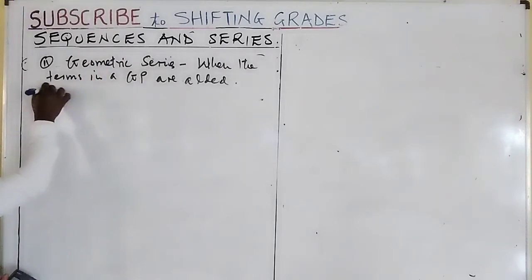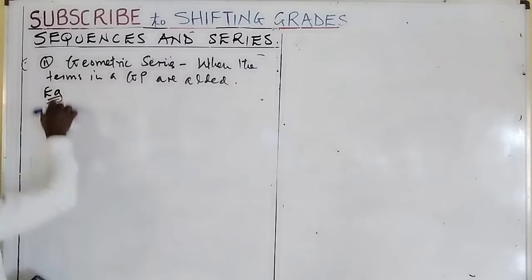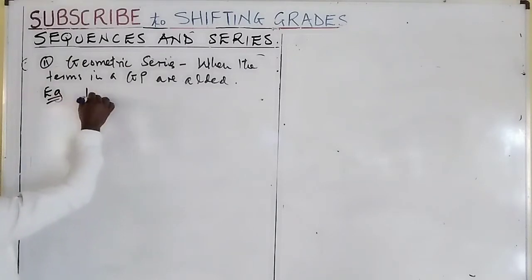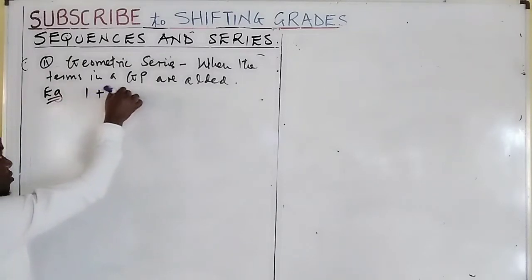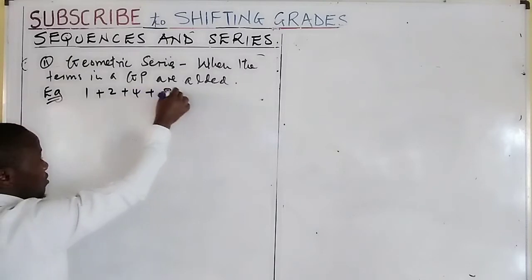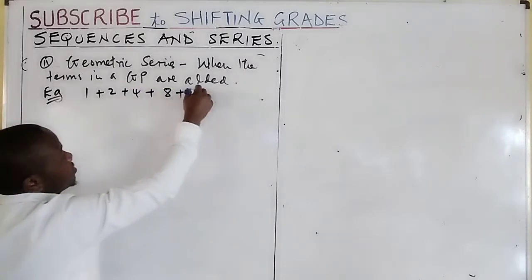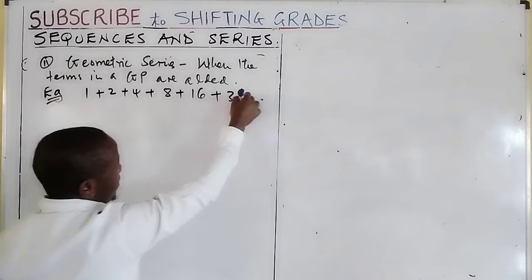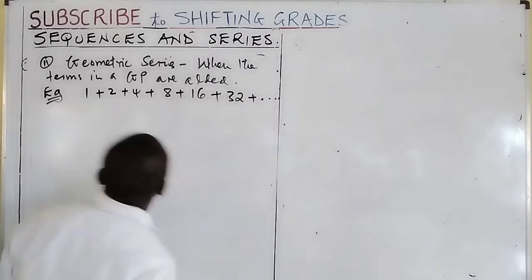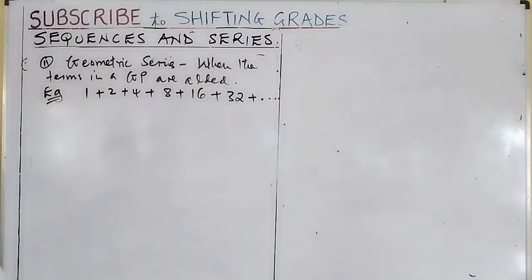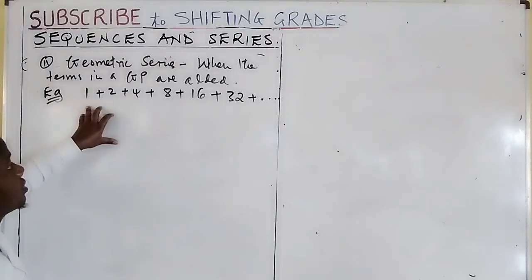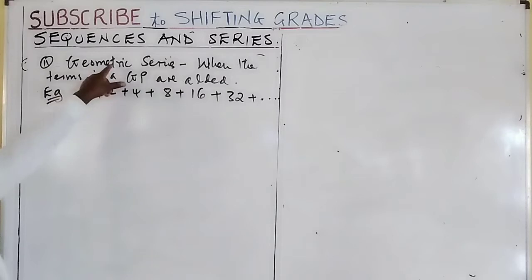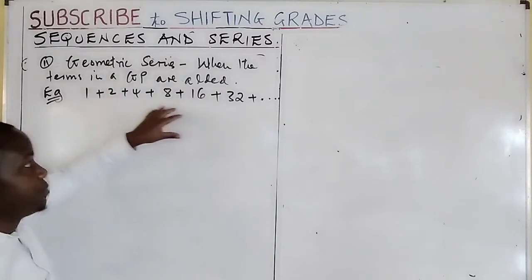For example, when we have 1, 2, 4, 8, 16, 32, and so on, this is a geometric series because they are terms in a GP.